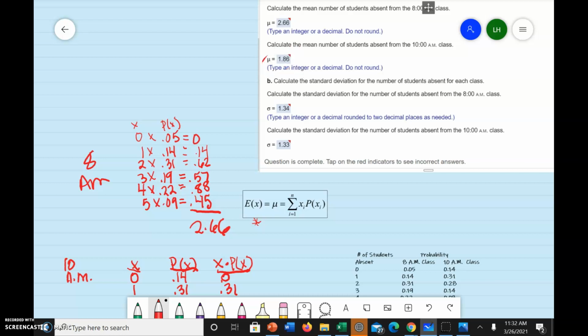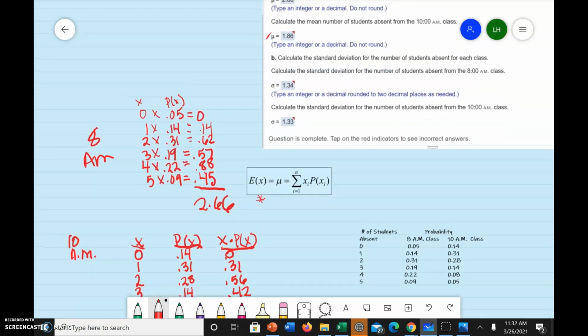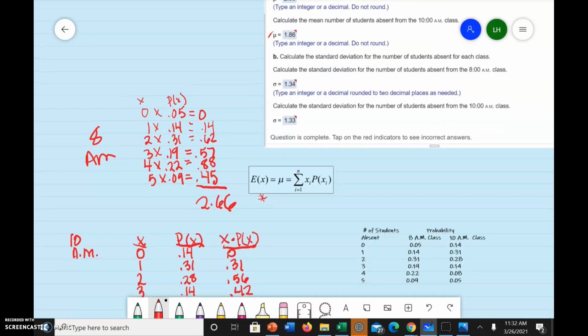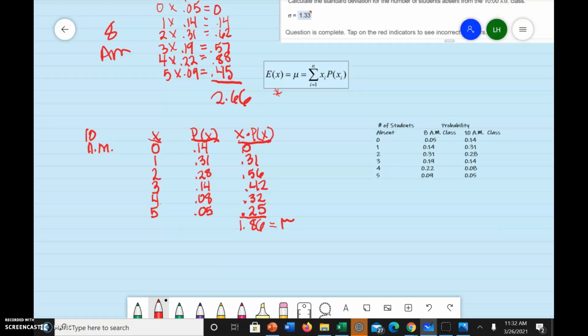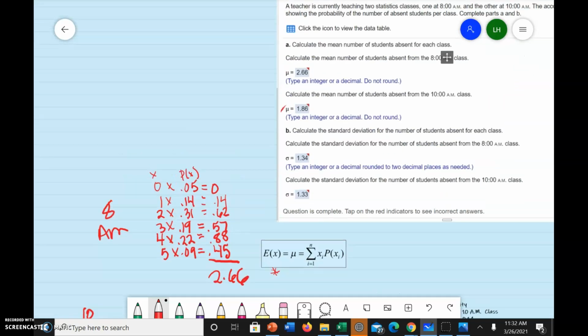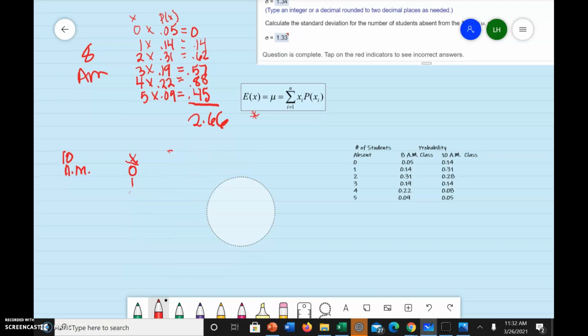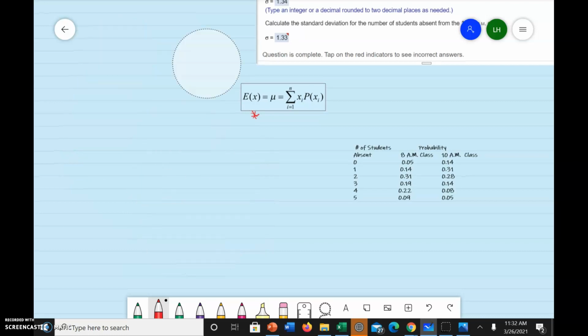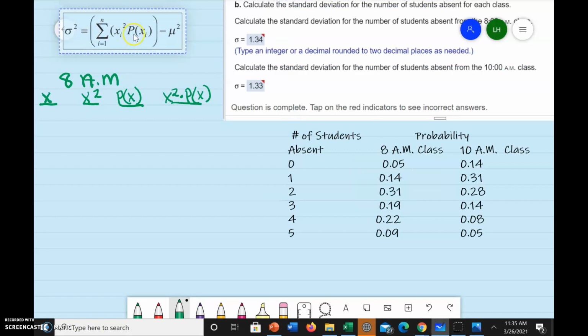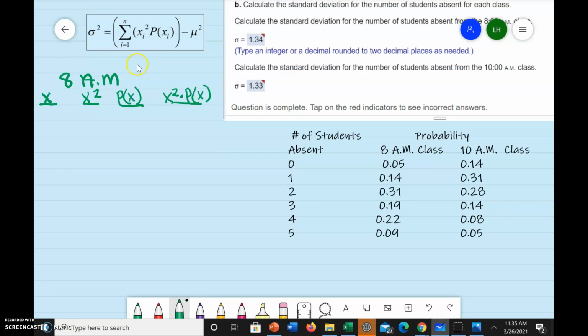Okay, now we have to calculate the standard deviation for the number of students for each class. This is a different formula, and I will put that formula up now. For our formula, the standard deviation for a discrete probability distribution says to take x and square it.